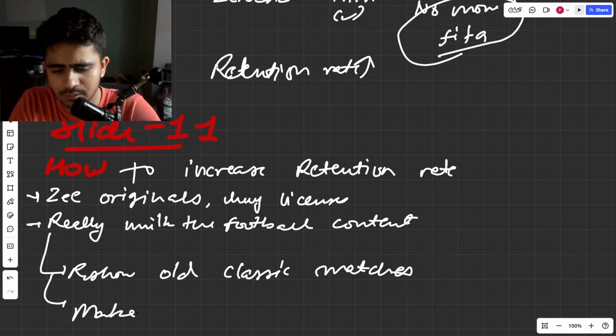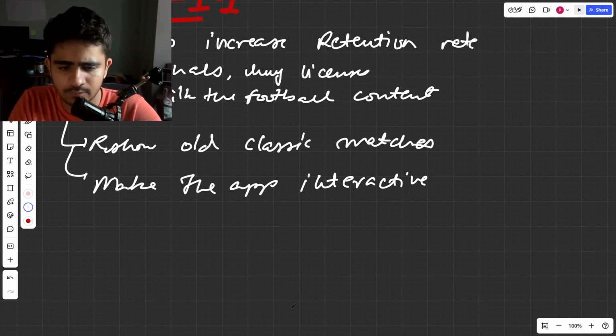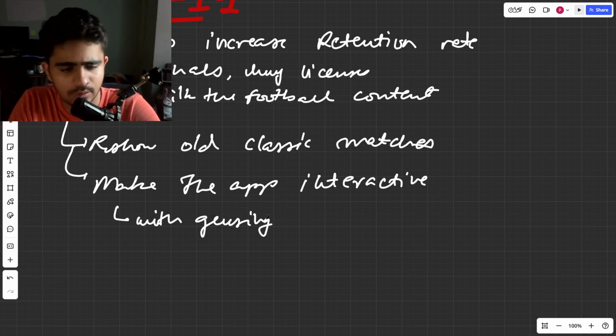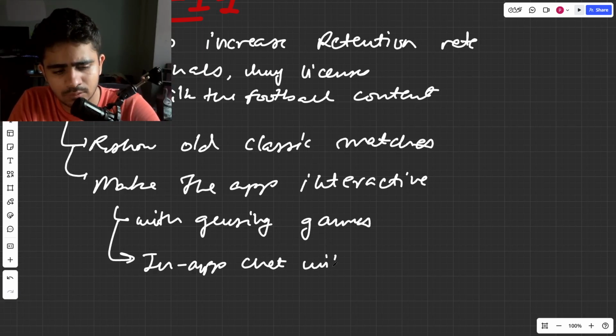Make the app interactive with guessing games or in-app chat with friends.